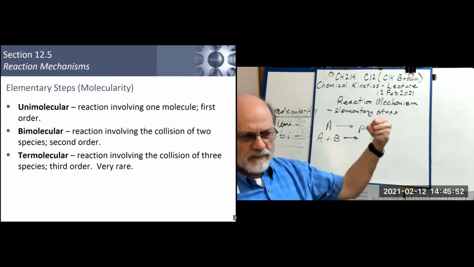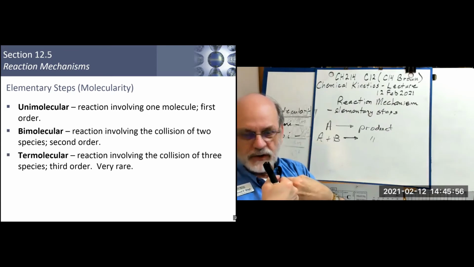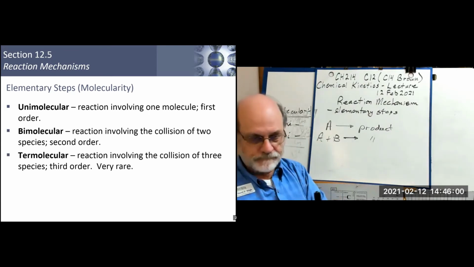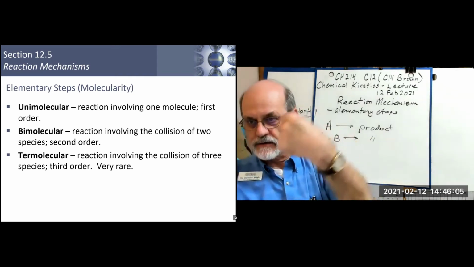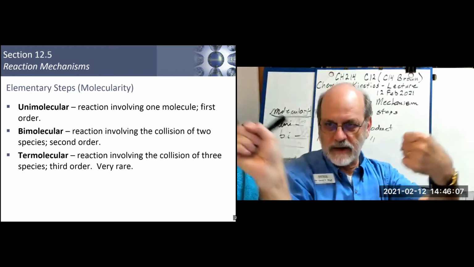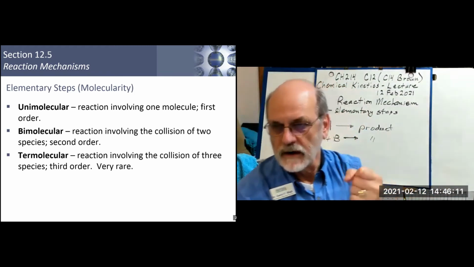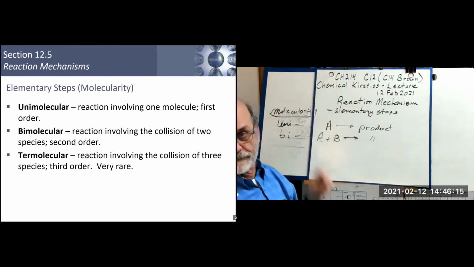If they slam into each other with enough energy to initiate a reaction, but they're positioned wrong for the bonds to break and reform, then it won't happen, right? They come in like this, won't happen. They come in like this, it will happen. So probability says that this is less likely to occur than that one.